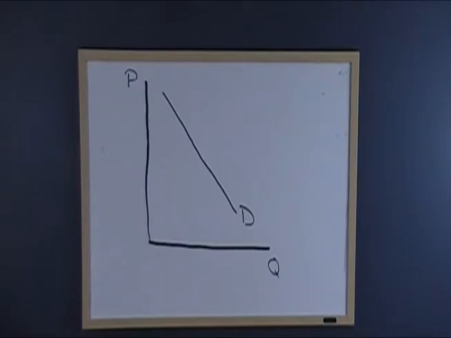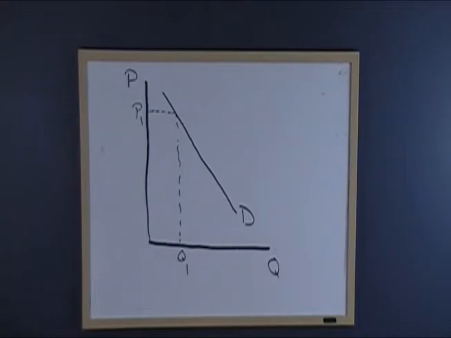Now I want to point out something very important, and that is a shift in our demand curve does not occur because of a change in the price in our market. Here we see at price 1, the quantity demanded is low at Q1. If we are to change the price, our demand curve doesn't change at all.